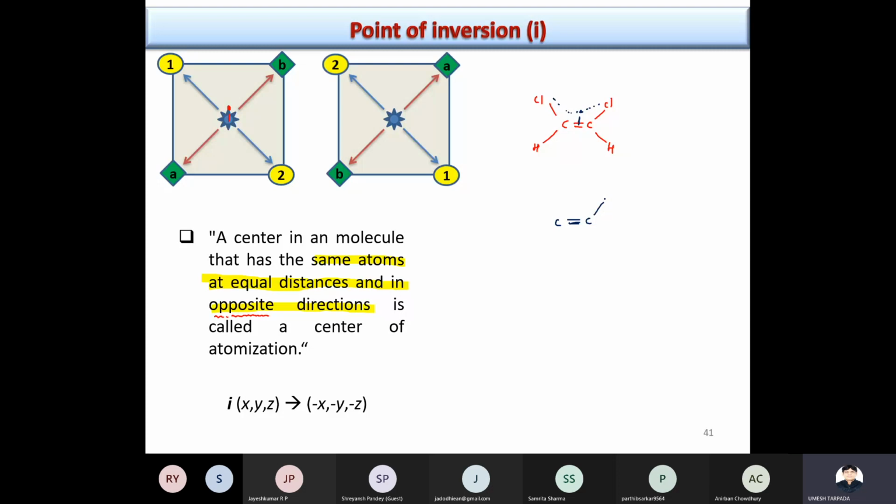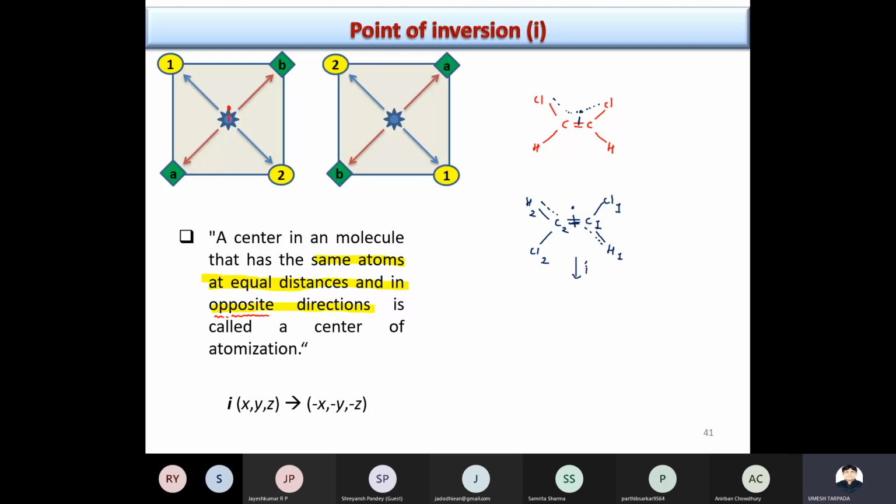If you have this molecule with trans geometry, then you should definitely have a point of inversion I. You can take I here in the center. At whatever distance H is there, in the opposite direction at the same distance hydrogen is there. So H1 and H2 can change their position, Cl1 and Cl2 can change their position, carbon 1 and carbon 2 can change their position.